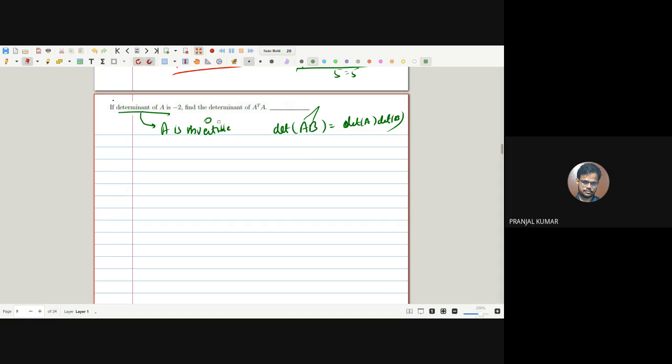So if A is invertible, then A transpose will also be invertible, so you can directly write this. See, why I'm telling you this is, suppose A was a 2 cross 3 matrix, 2, 3, 4, 5, 6, 7, and what would be A transpose? 2, 3, 4, 5, 6, 7.